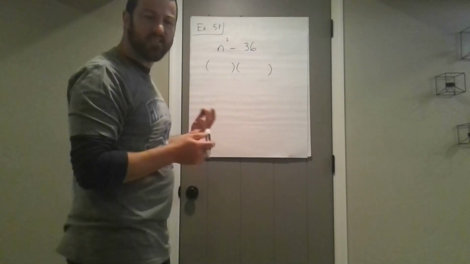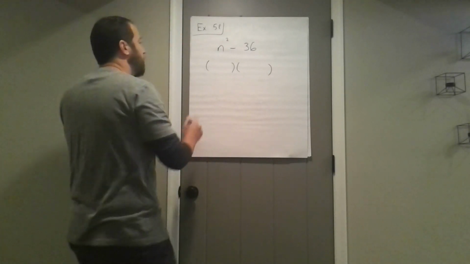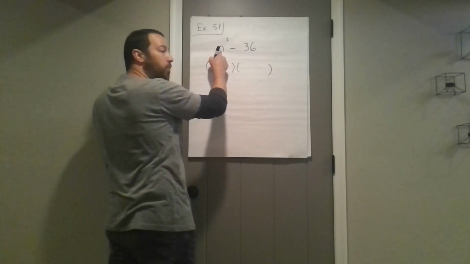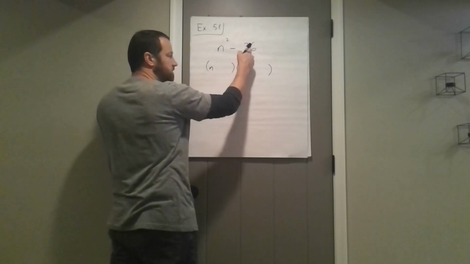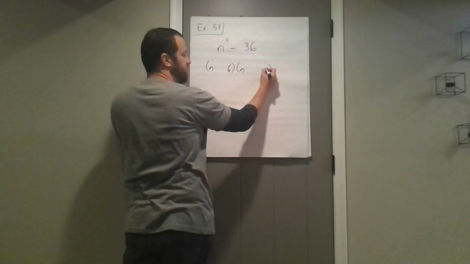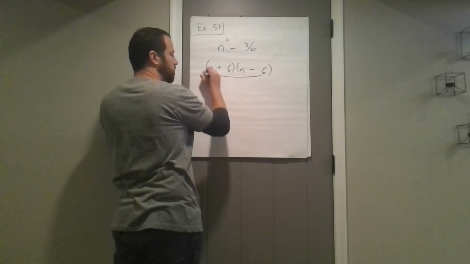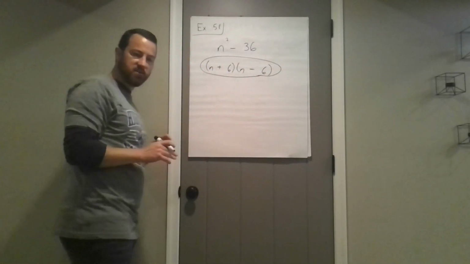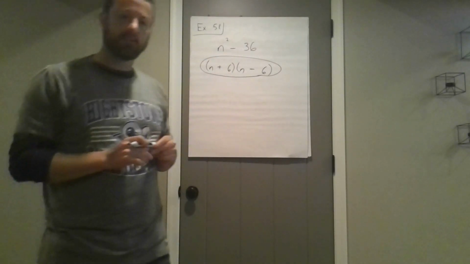This is our easiest skill of our 3 or 4 skills that we've learned. Square root of that, what times itself is n squared? Well, that's just n. Square root of that, what times itself is 36? That's just 6. One of them plus, one of them minus. Again, this only works if we have two terms and subtraction.